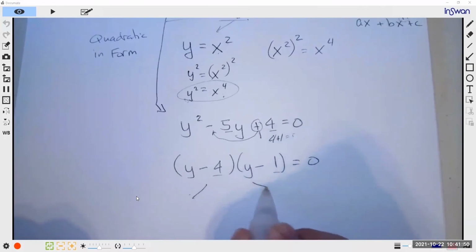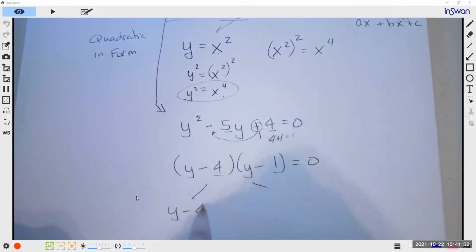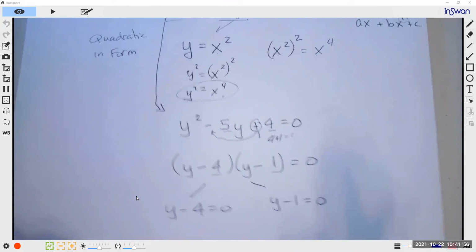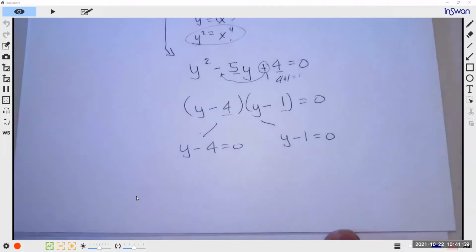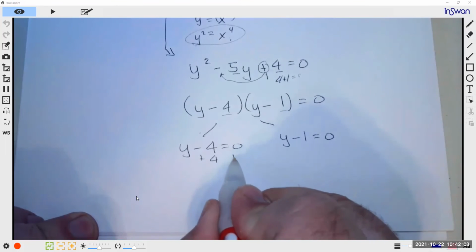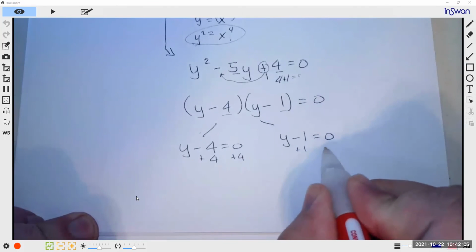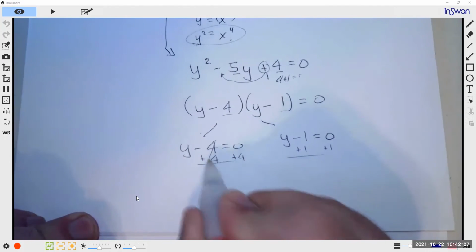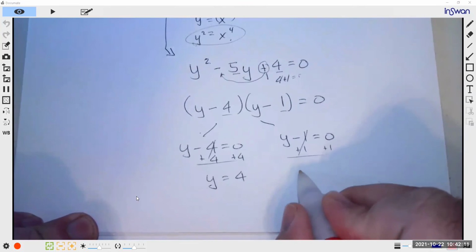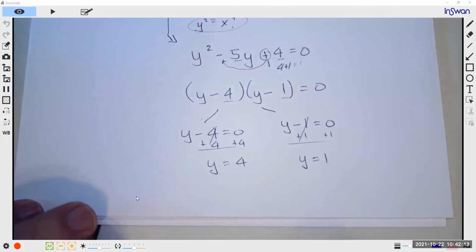So now we take both of these equations, set them equal to 0, and solve. So y is equal to 4, and y equals 1.